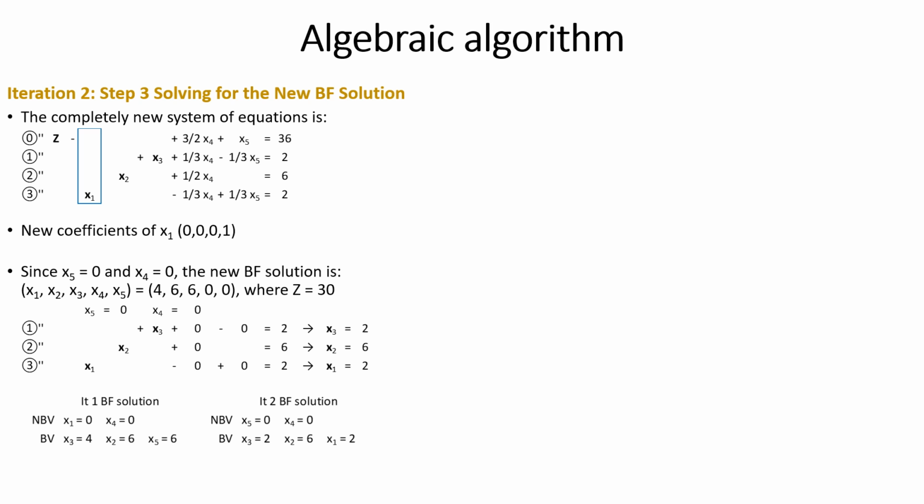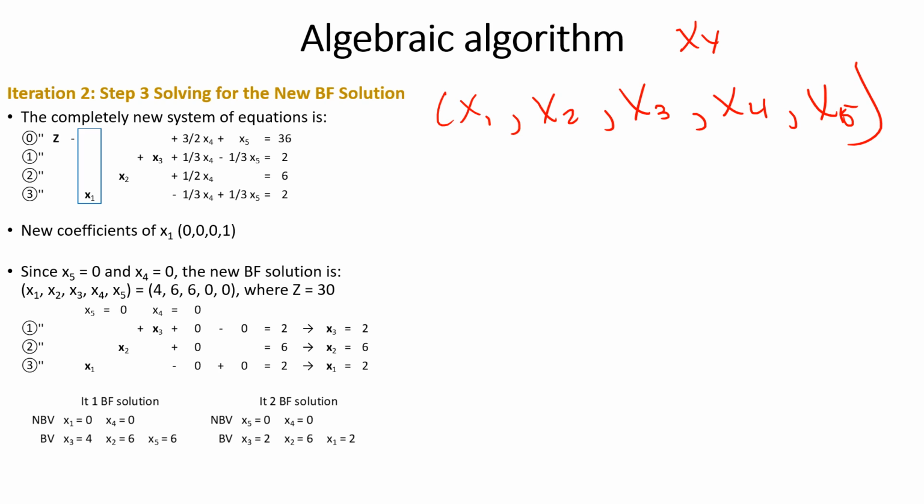Our values for x1, x2, x3, x4, and x5, remember that at this point x4 and x5 were our non-basic variables. That means they're equal to 0. So these are eliminated.